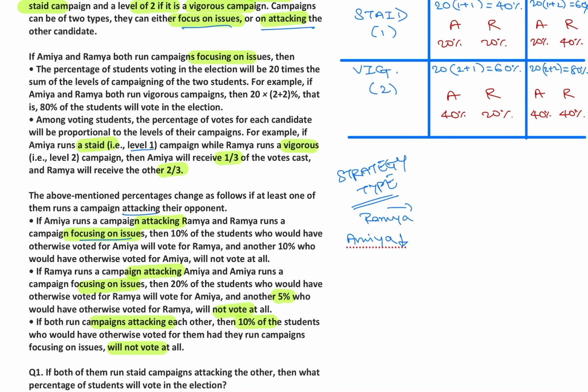For Amya, the first parameter will be issues, the second will be attack, and here as well, one will be issues, the other will be attack. Okay, now let's compare the table quickly.